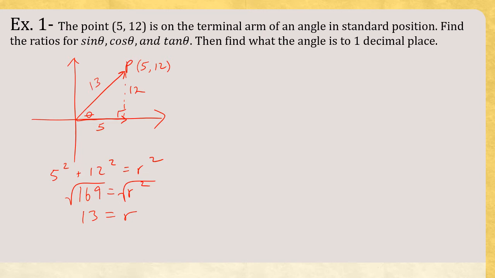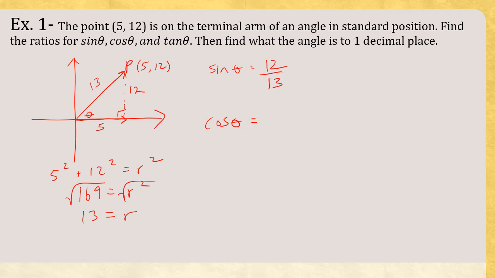That's a really good first start. Now we've got to find sine theta, cos theta, and tan theta. Let's start with sine theta. You could remember SOHCAHTOA, opposite over hypotenuse, or y over r. Either way, 12 over 13.